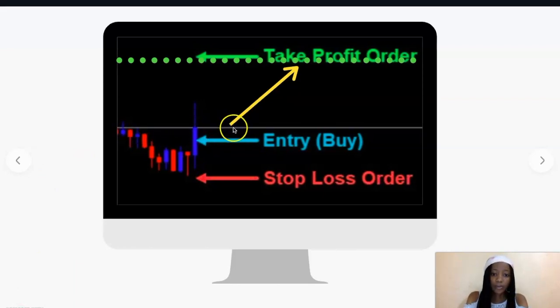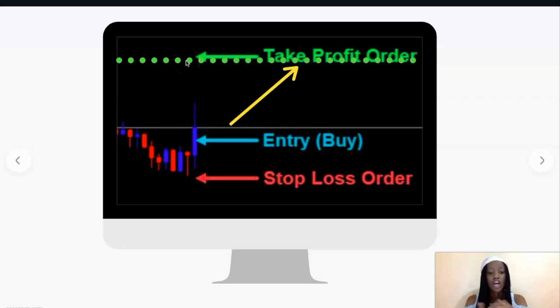We were going long, so we were buying our currency. So we set a limit, which is called the take profit order, at which we want to take our profit. So when our currency goes up and gets to this point, our trade automatically closes with the profit we specified. Even if there's more profit to be had, then that profit will not be had because you specified that at this particular point is where I want to take my profit.